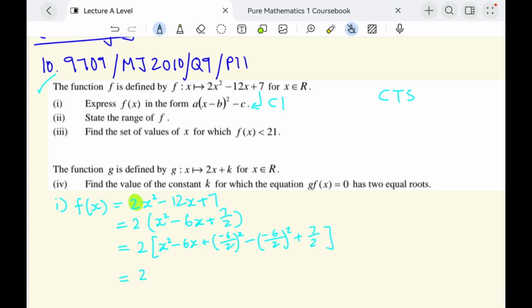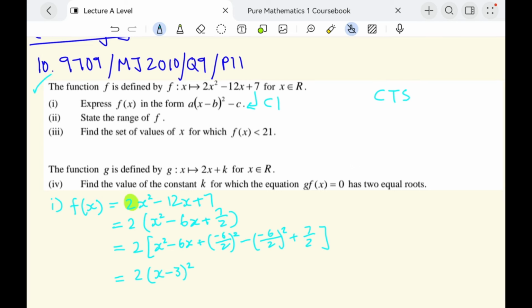So -6/2 is -3. Okay, so I have (x − 3) squared. And -3 squared is 9, minus 9. Okay, so use your calculator to calculate it. -9 plus 7/2 and times 2 back. So I have -11.